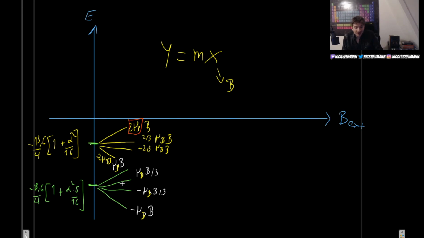So here we have found everything we needed. We have the energy levels, we have the slopes, we have made the graph, and this is the weak field Zeeman effect. So we see that we now have these splittings. However, they do not happen at equal intervals. That's kind of why this is called the anomalous Zeeman effect. These splittings are not symmetrically separated, which does happen in the normal Zeeman effect.